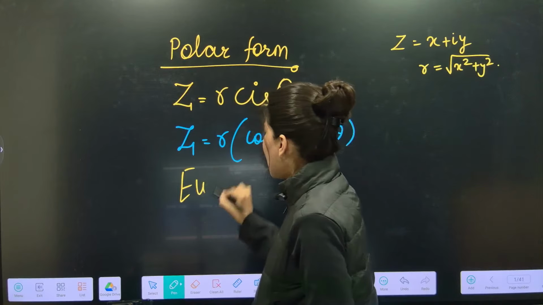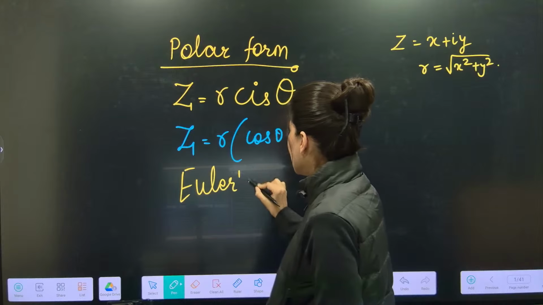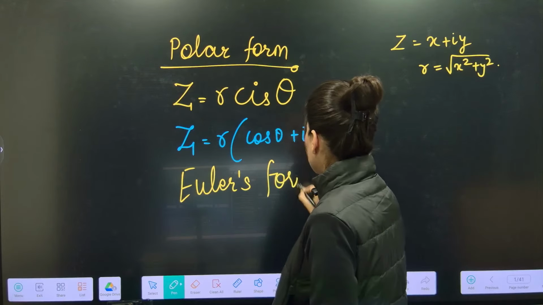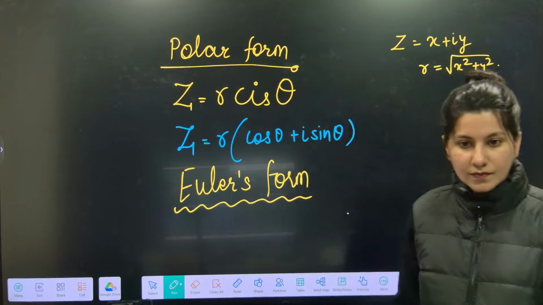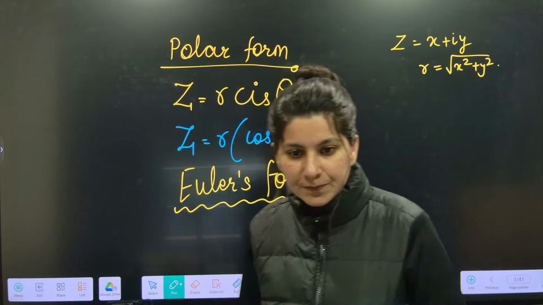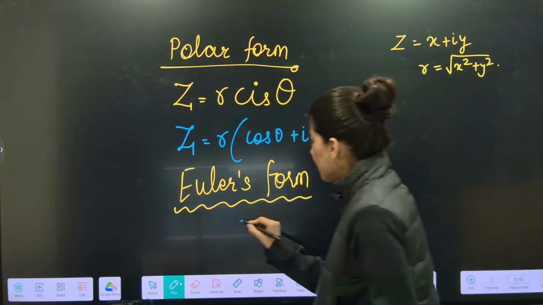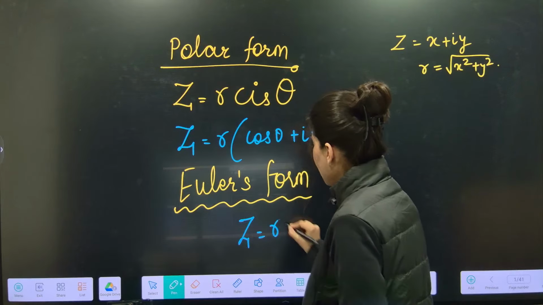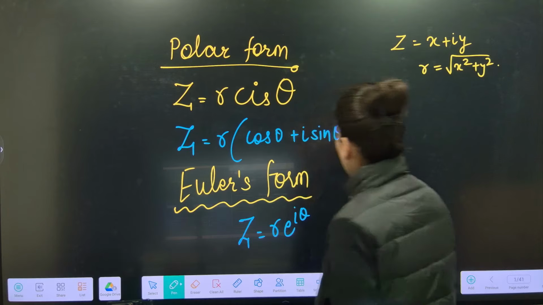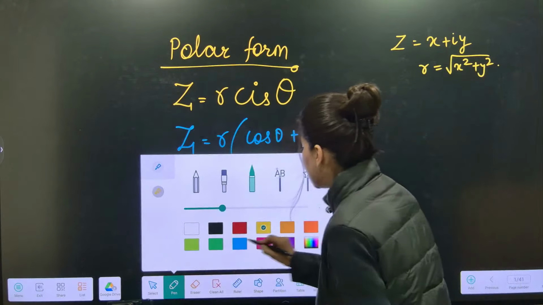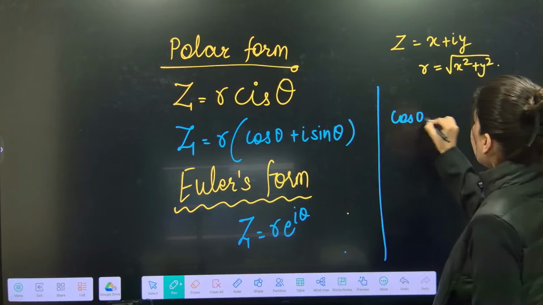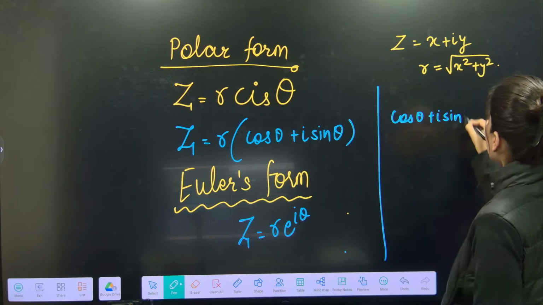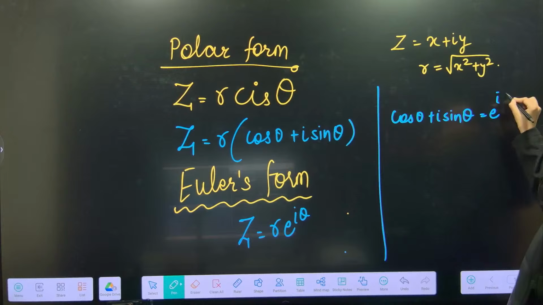But what about Euler's form, my dear students? Euler's form is nothing but Z equals R e power iota theta. So what does that mean? A very important deduction is that cos theta plus iota sine theta is nothing but e power iota theta.